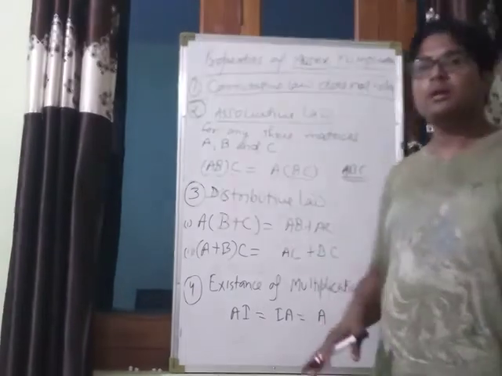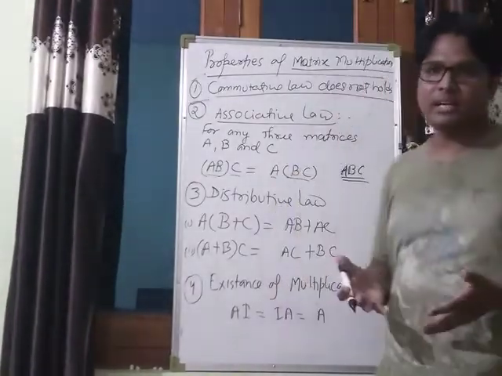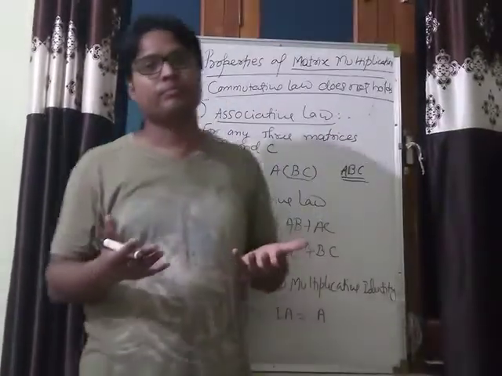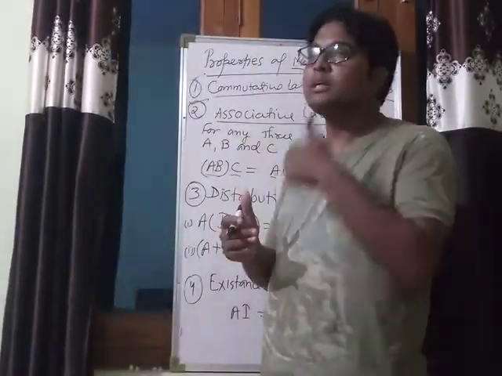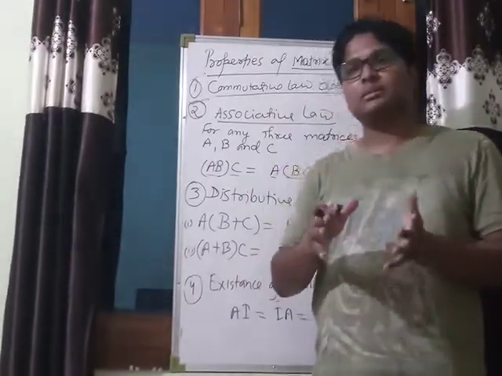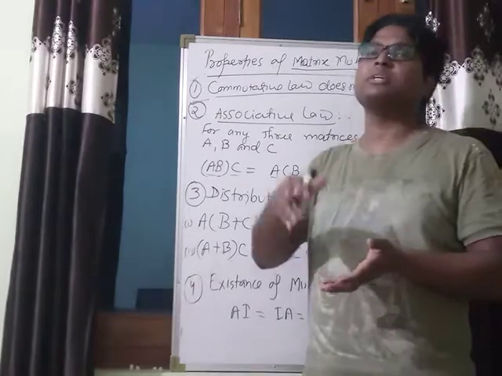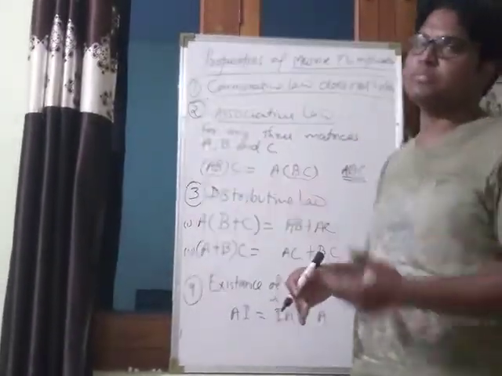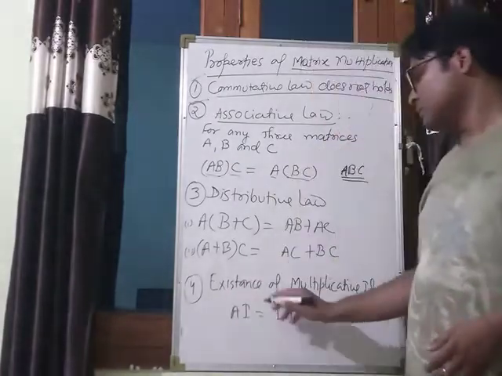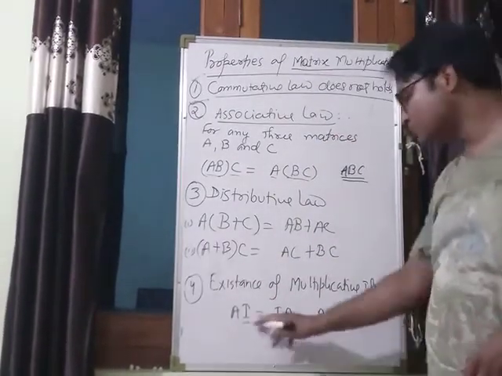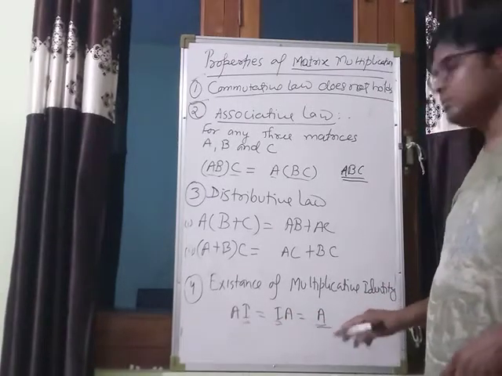Now, existence of the identity element. Clearly, we want a matrix which, when multiplied with any matrix, either from its right side or from its left side, means in this case this is the right identity, and in this case this is the left identity, gives the same matrix.